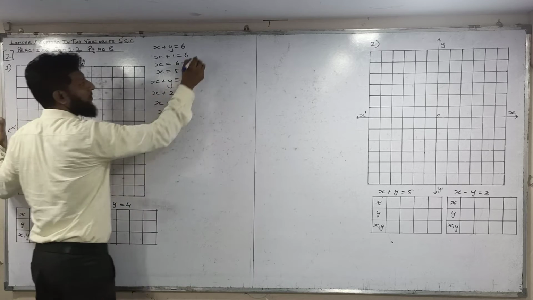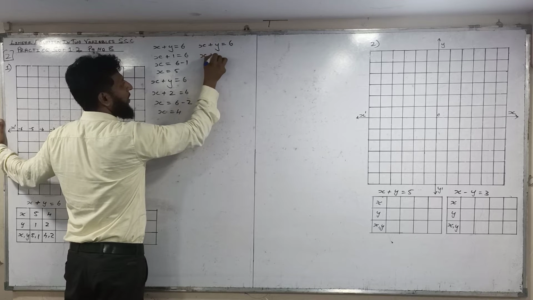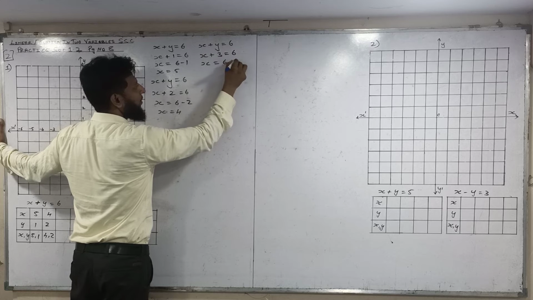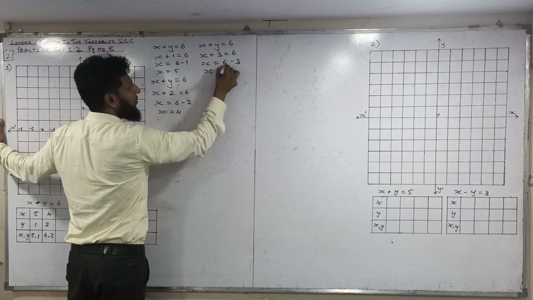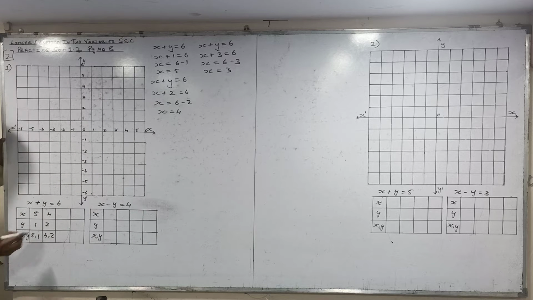Now x plus y is equal to 6. Now take y value 3. x is equal to 6 minus 3, which is 3. So when I take y value 3, I get x value 3. So 3 and 3.